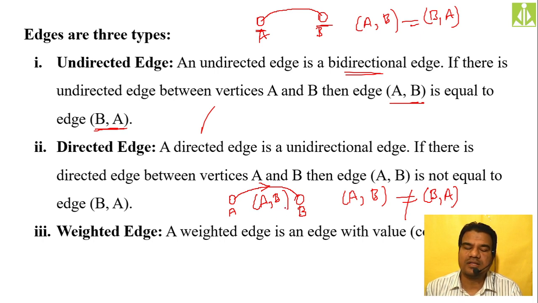You cannot consider it in reverse order, because A is the starting vertex and B is the end vertex.